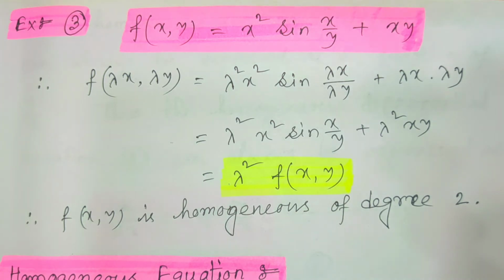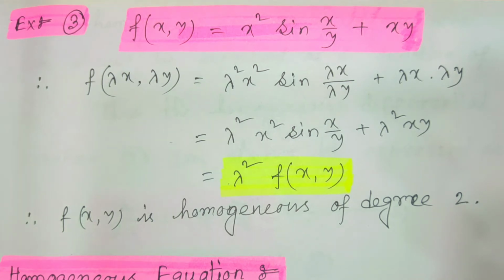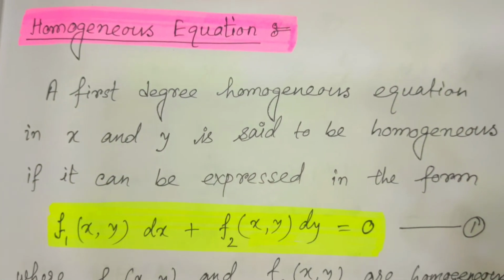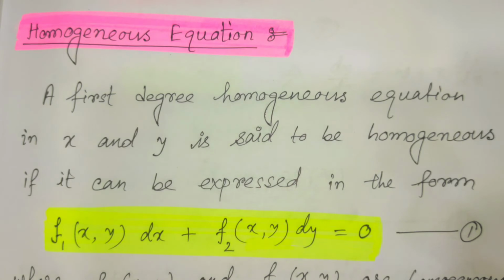So in this way we can verify whether the given function is homogeneous or not, and if it is homogeneous, what its degree is. So at first, whatever differential equation is given, we should verify whether it is homogeneous or not. We know the differential equation in the form dy by dx equal to f of x, y.